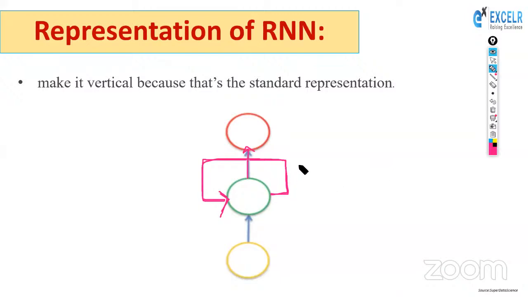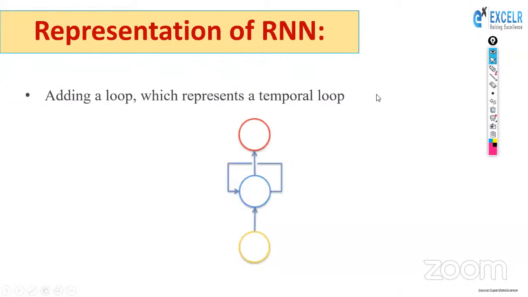So this is the meaning of the word recurrent. And since we have an architecture in the form of a neural network, it is called a recurrent neural network. So with this modification, you will get the standard notation of the RNN or recurrent neural network like this.